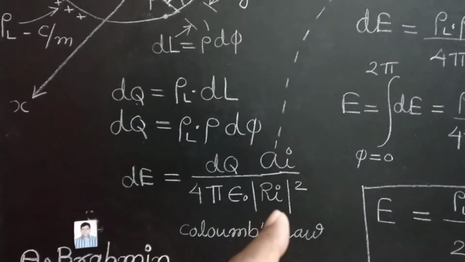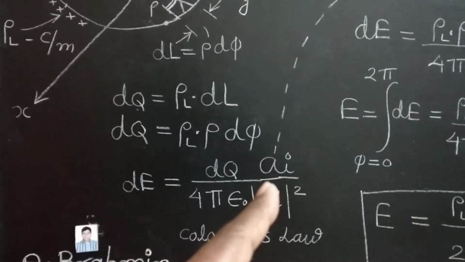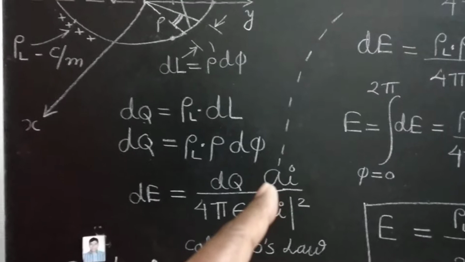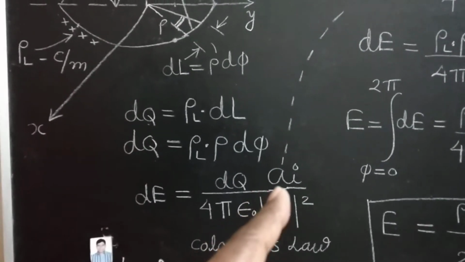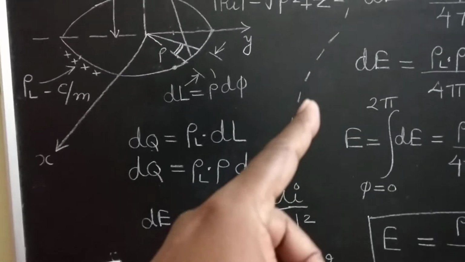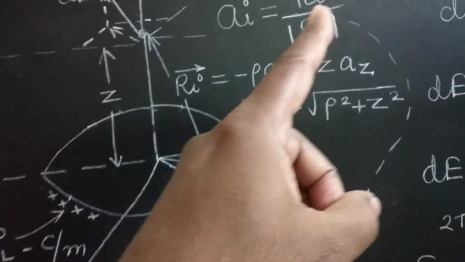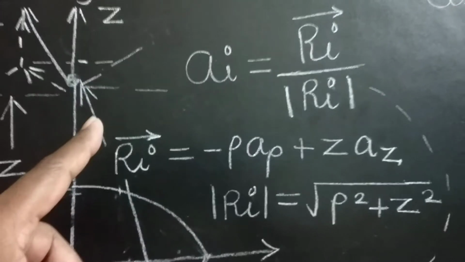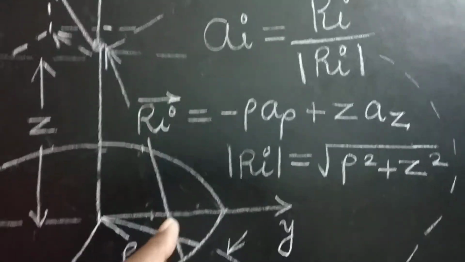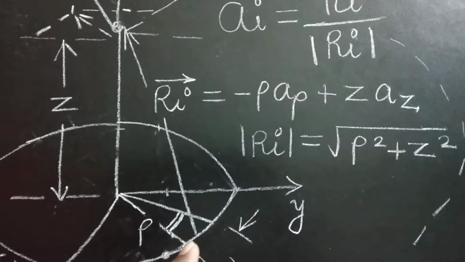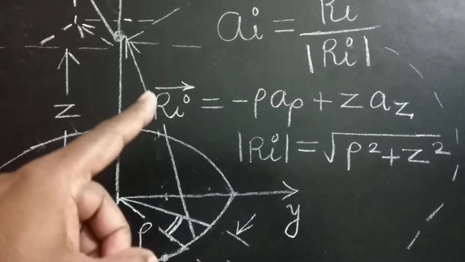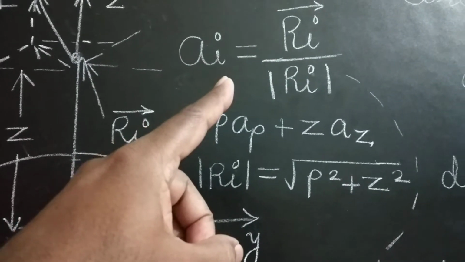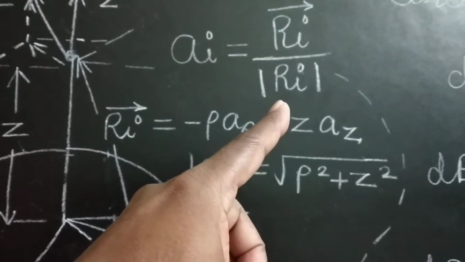and a unit vector is there indicating the direction, which is very important. We have to understand this also. This vector is basically a unit vector towards the point of interest. Suppose we have to evaluate the intensity due to a small charge at this point of interest, we must know this unit vector, which is Ri upon Ri magnitude.